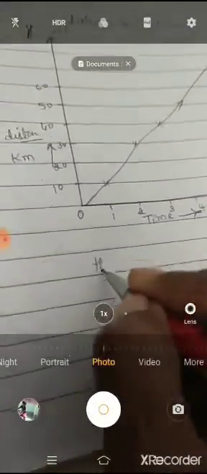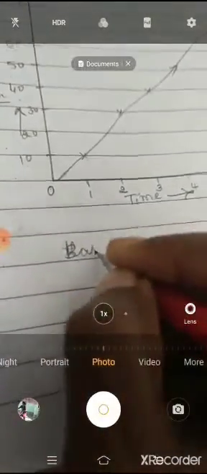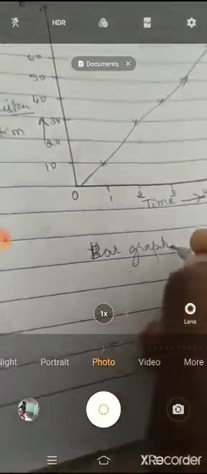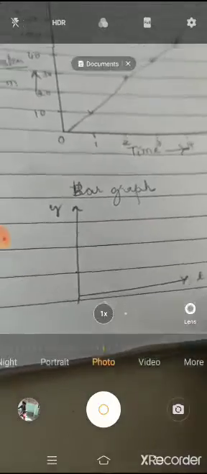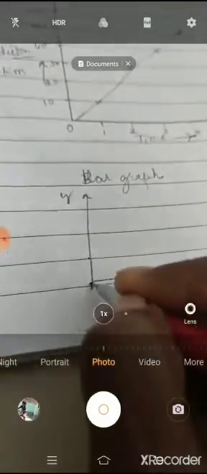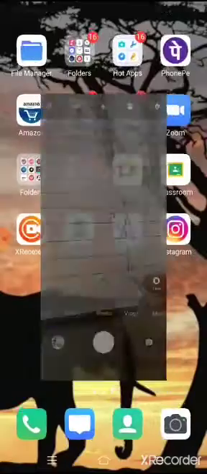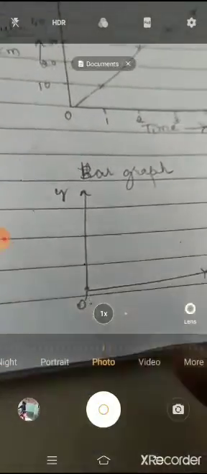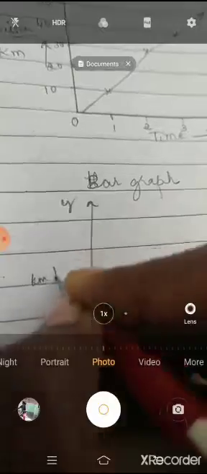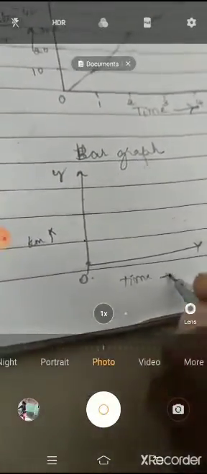We have another graph, that is the bar graph. Here in the bar graph, we take this as the y-axis, this as the x-axis. This is 0 at the point of origin. It is called the point of origin. Here also, same, kilometer or the distance on the y-axis and the time taken along the x-axis.